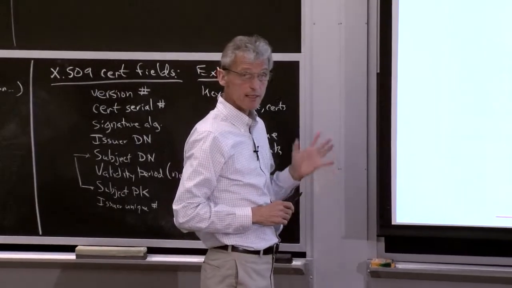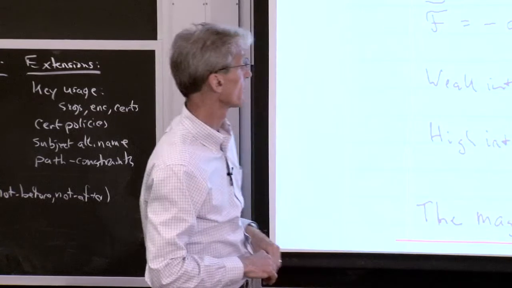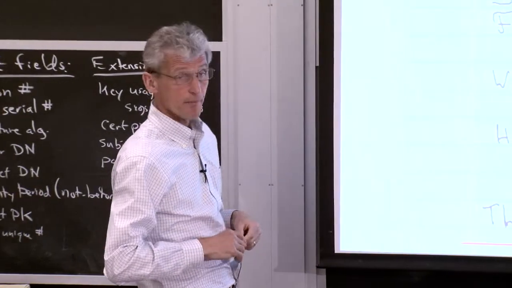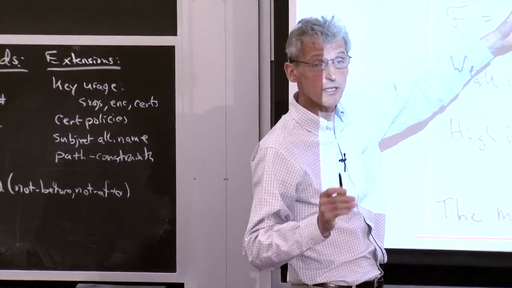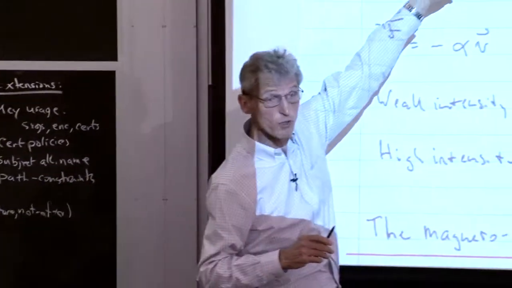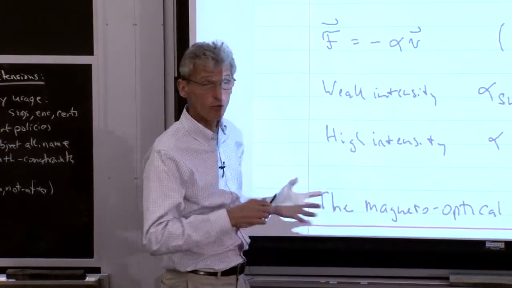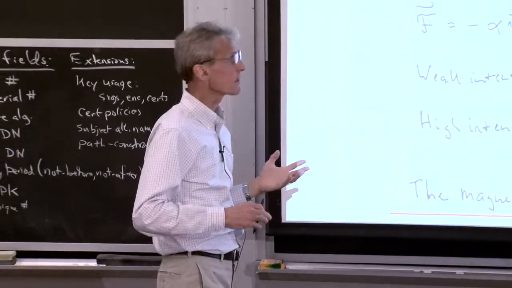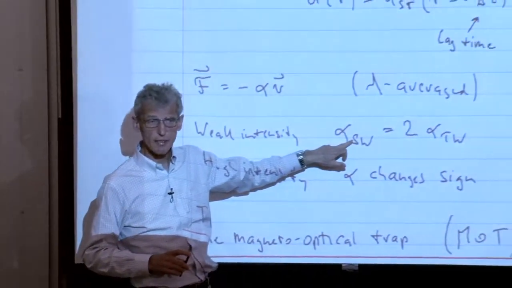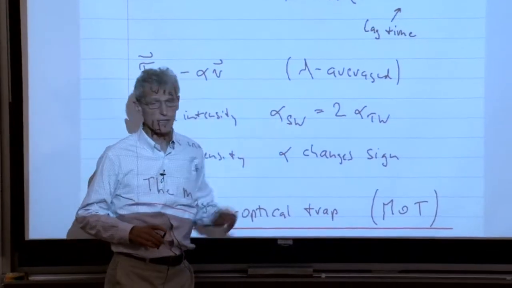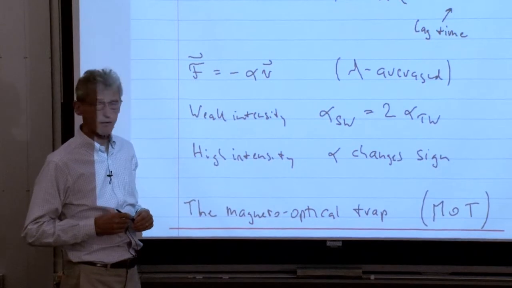At low power, it's okay. At high power, we really have to take care of this effect. And if we would take care of this effect, we don't need the dressed atom picture. We can fully do it within the framework of the optical Bloch equation, but it's messy. We would get out, and you see that in the references, the result that the friction coefficient in a standing wave at weak power is exactly 2 times the friction coefficient for a traveling wave.